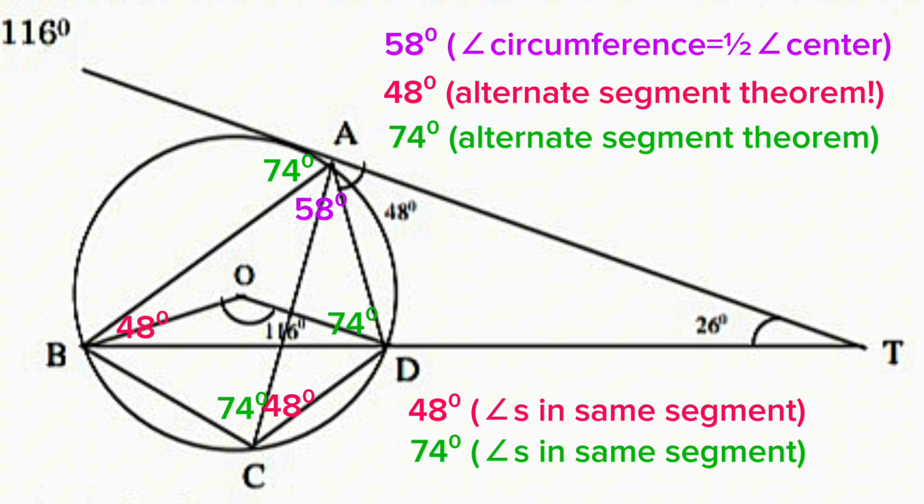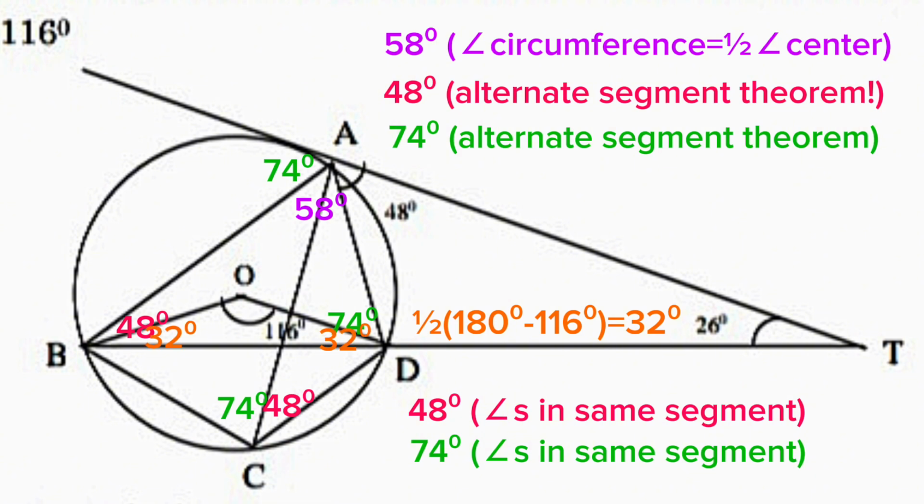Then we can calculate the isosceles triangle OBD. This triangle has the same angles. Angle B is equal to angle D. To get the size of angle B and angle D inside the triangle OBD, we can calculate half times (180 degrees minus 116 degrees) equals 32 degrees.